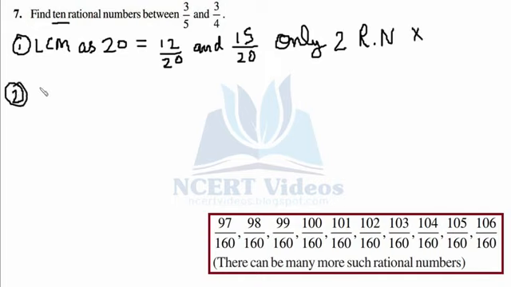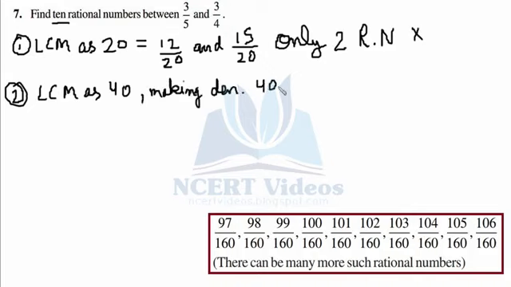Second, LCM as 40. Well, in this case, it will not be LCM. It will just be a multiple, because LCM is the least common multiple. So it would be wrong to write LCM as 40. We will just write it as making denominator 40.